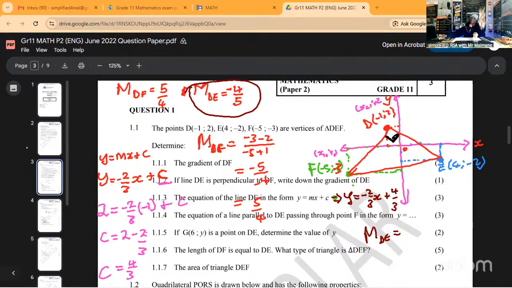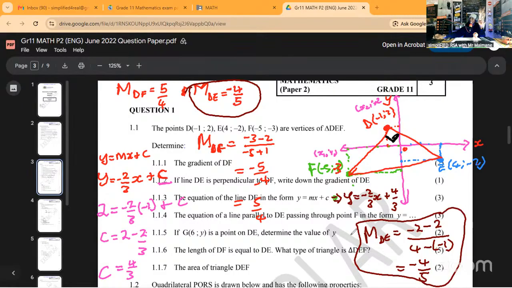But in terms of the gradient, you could have calculated it exactly: the top part is minus 2, the blue one, minus 2, the red one from D, all over 4 minus 1. Therefore, that would be minus 4 over positive 5. That is if I was calculating the gradient of dE directly without using the perpendicular.